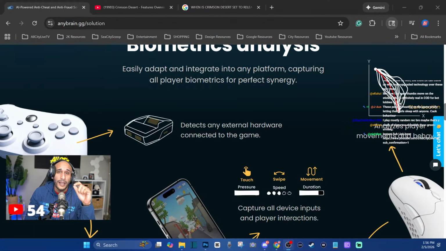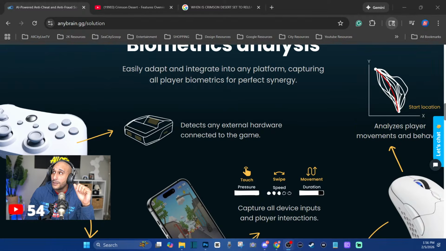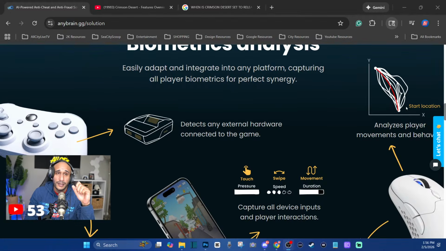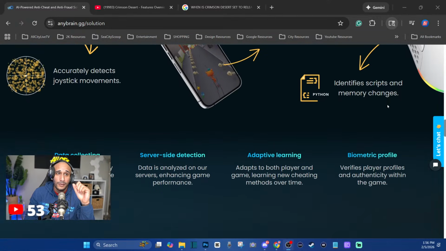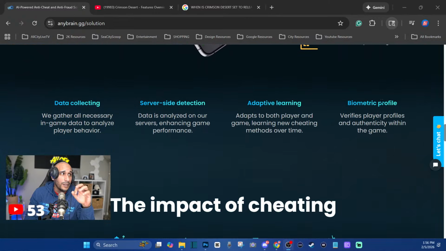Imagine at the digital microscopic level, a device will move along this red line that you're seeing. Let me hide the chat real quick. Let me move this up. Along this red line, a device would move along here, whereas a human player will have all these subtle changes in their movement, shown by the white lines. And those are at the microscopic digital level.